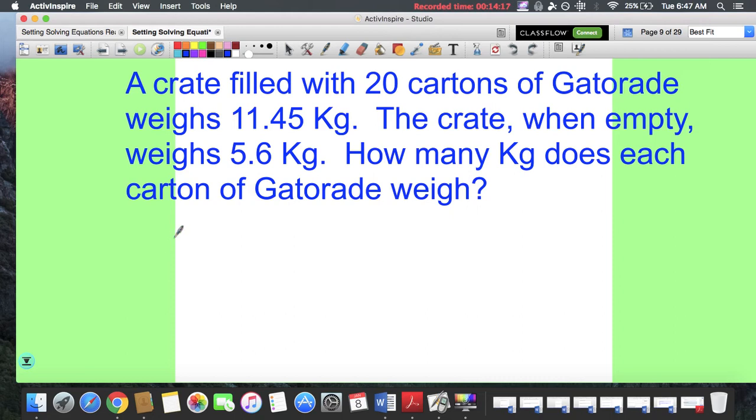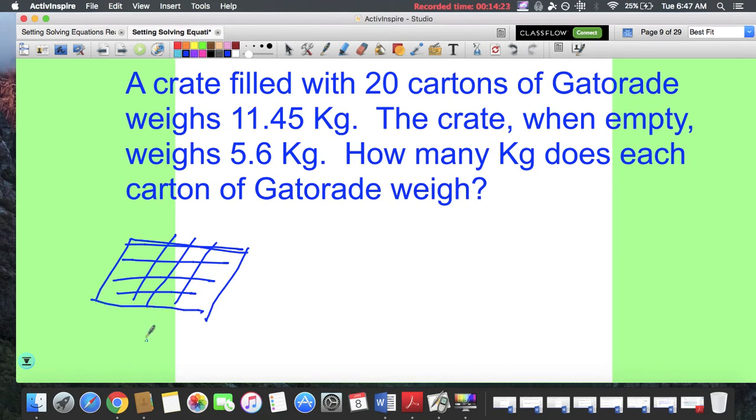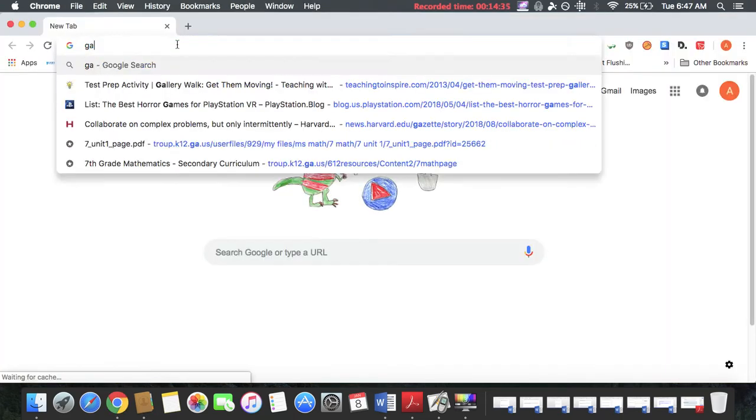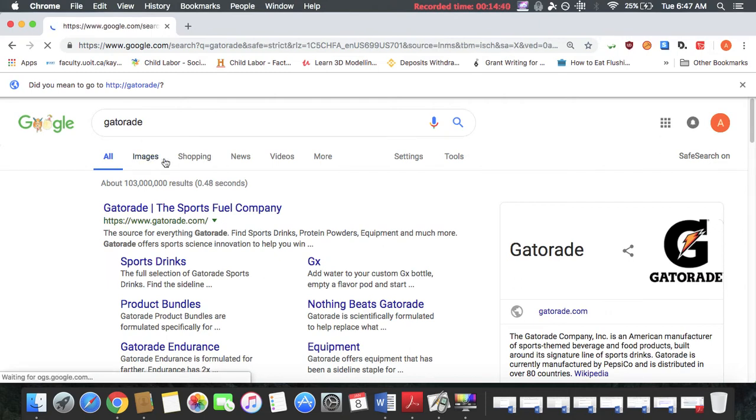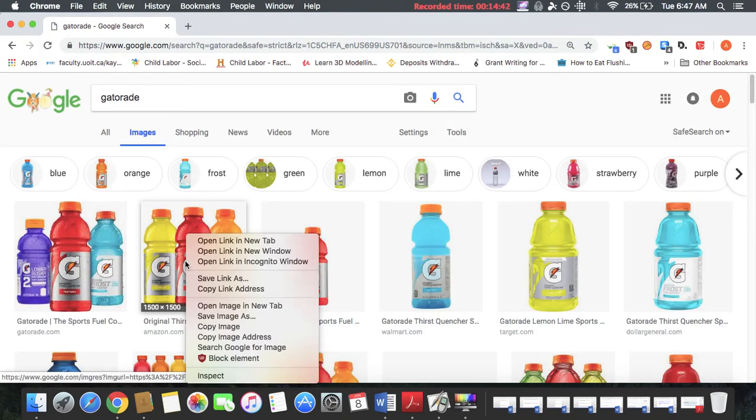Now here's a crate. A crate is something like this. Okay. So imagine a piece of wood on the floor. Okay. And it has Gatorade. You know what Gatorade is, right? The drink. Let me see if I can pull it out here. Gatorade. Let me just, here.